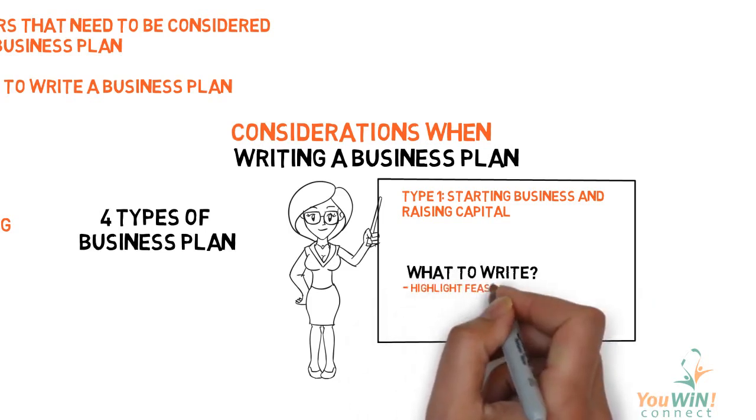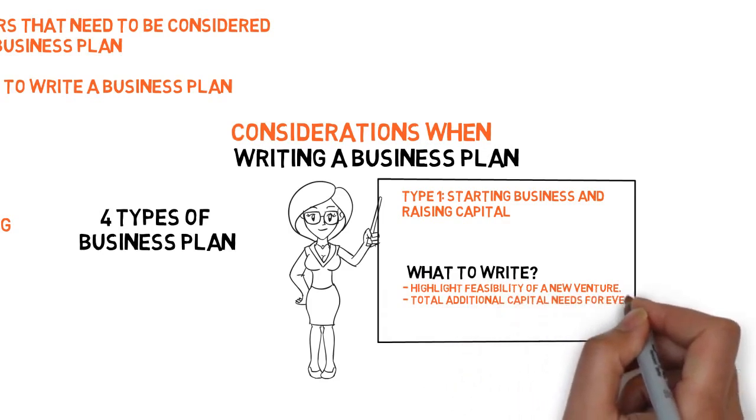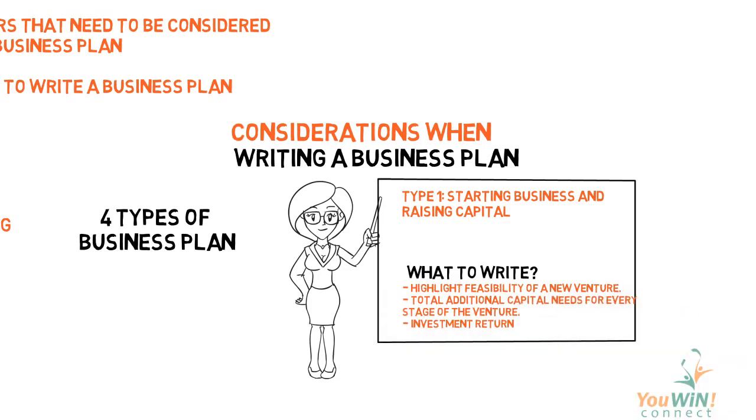We would need to highlight the feasibility of the venture, show the total capital requirements and sums needed at every stage of the venture, and highlight assumptions and key variables that may affect the base scenario.